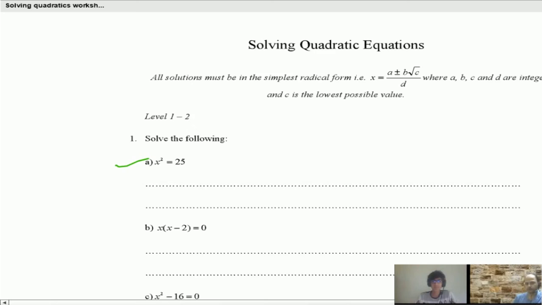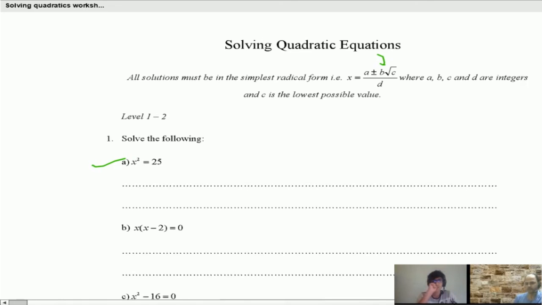Here the first one, how can we find it out? No, any method will be fine. Here you can see that all solutions must be in the simplest radical form. Simplest radical form they have said, like we have to simplify.